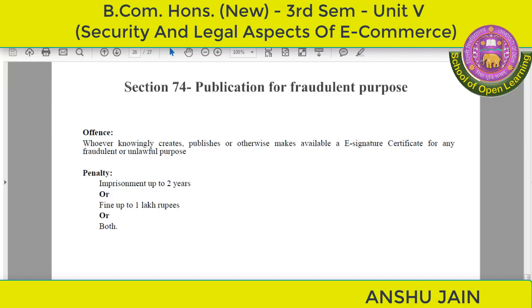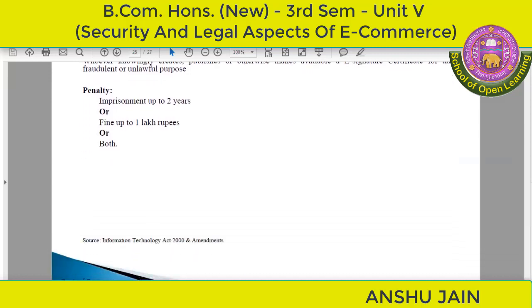Basically, you have a digital signature certificate which you are making available for some illegal work, for doing some kind of fraud. Basically, you are using it for some bad intention, then imprisonment up to 2 years or a fine up to 1 lakh rupees, or both penalties can be levied on the concerned person who is doing this kind of fraud.